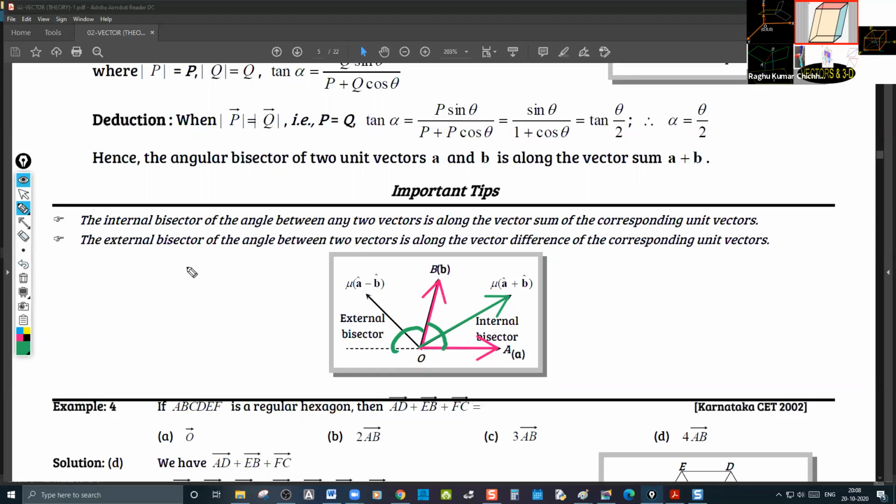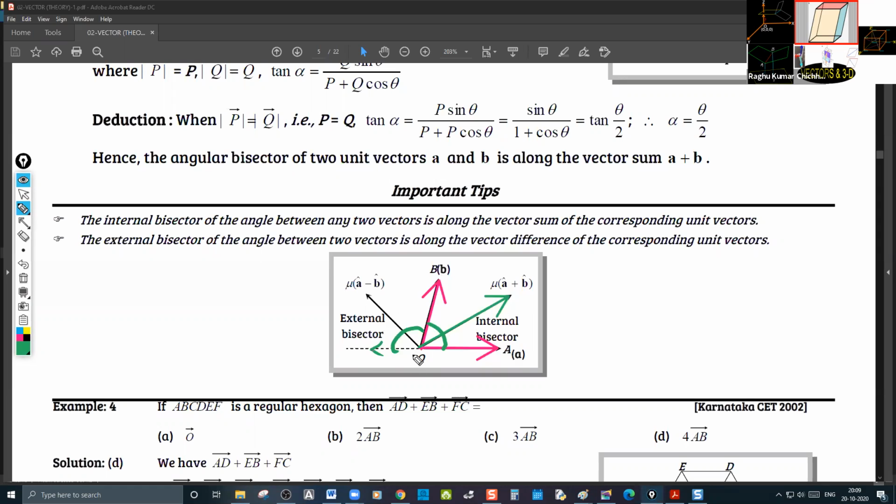Very simple is how to get the internal angular bisector. By addition, you will get the internal angular bisector. By subtraction, you get the external angular bisector. Obviously, this is A bar, this is B bar, and this is A bar minus B bar, if you take its reverse, opposite direction. I'll show you like this.